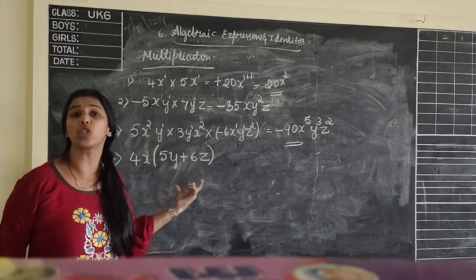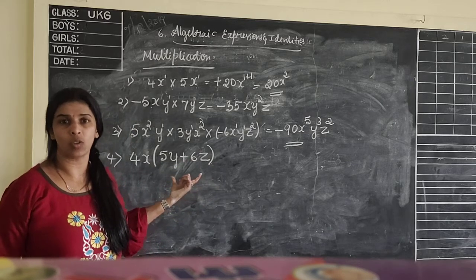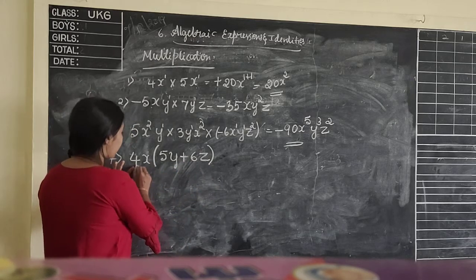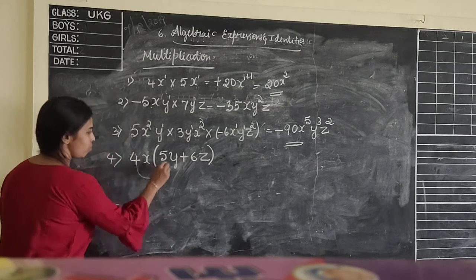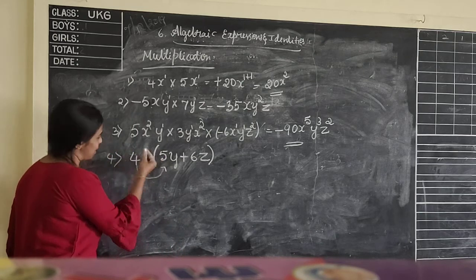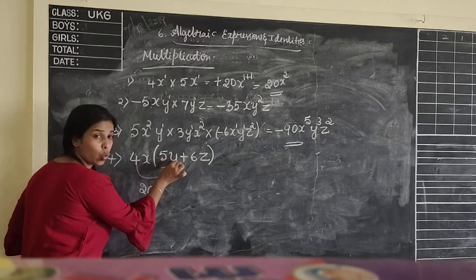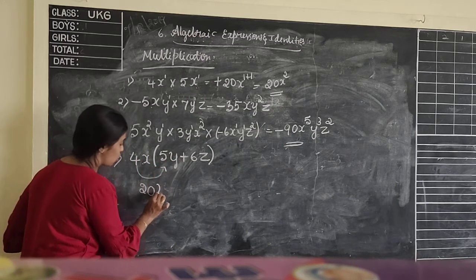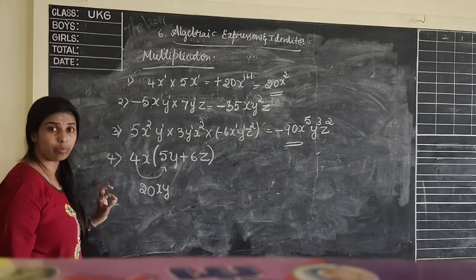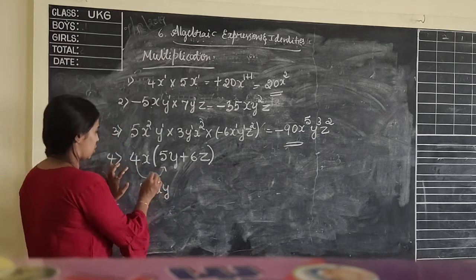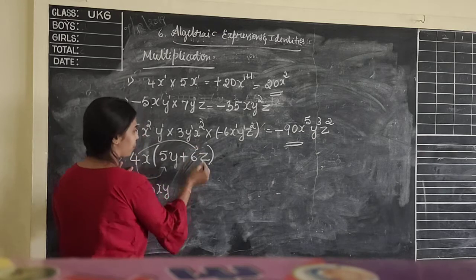Means it is the distribution law. Distribution law is there in that. Now, here to here. First sign plus. 4 5s are 20. X into y. No, different coefficients. So, xy. Same coefficient means you have to add the power. Finish. Now, from this to here.